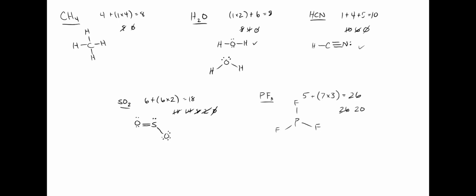I'm down to 20. Fluorine, being the most electronegative, gets its lone pairs first. So 2, 4, 6, and now this fluorine has an octet, 2, 4, 6, 8. 2, 4, 6, 2, 4, 6. So I've just drawn in 18 electrons, so there are 2 left. And phosphorus doesn't have electrons yet, so we need to give it a pair.